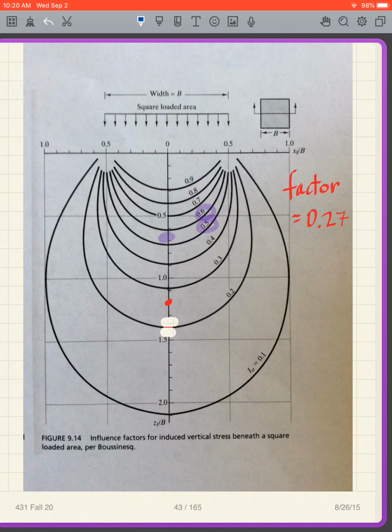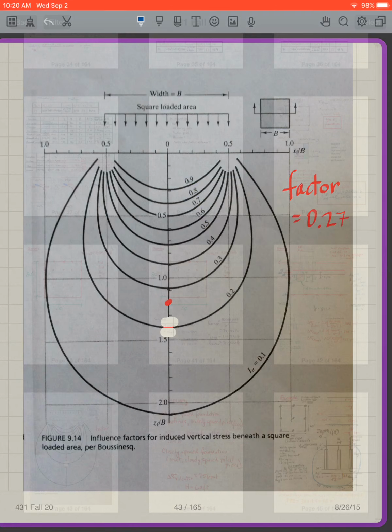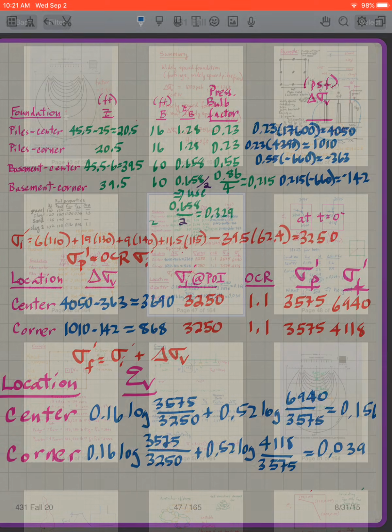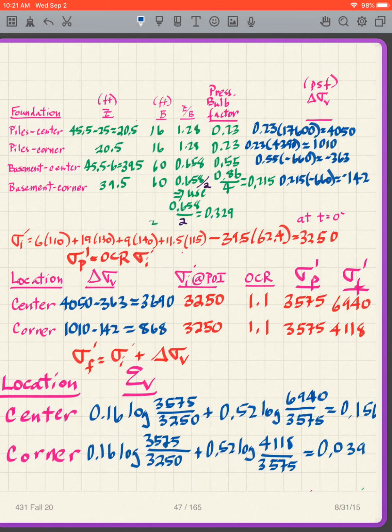That's our trick again to get the corner. So we get 0.55 for that one, and 0.86 over 4.